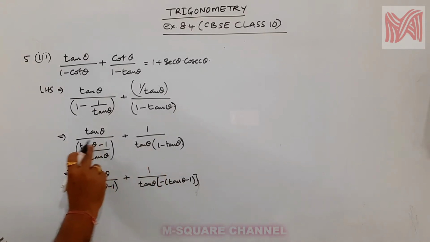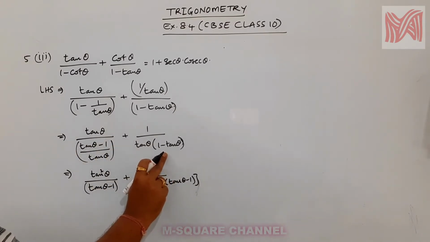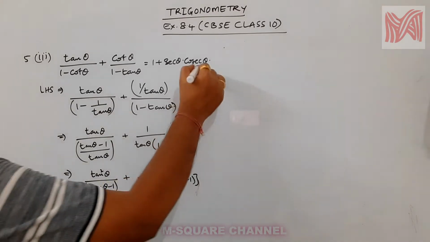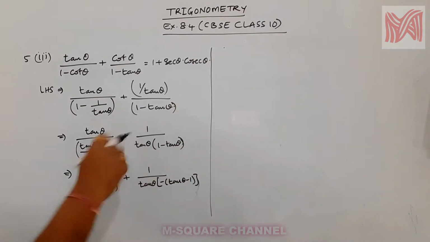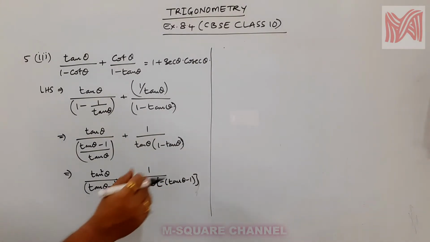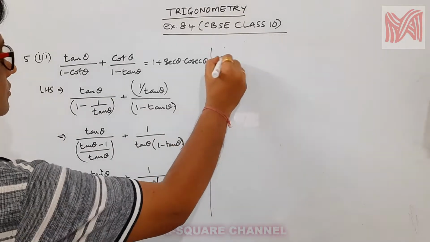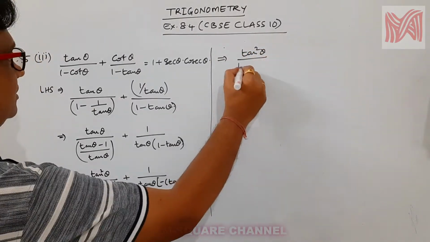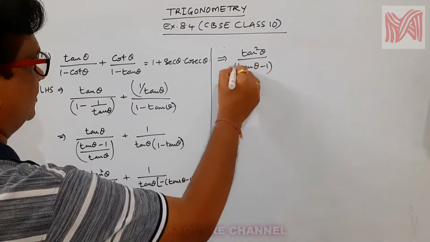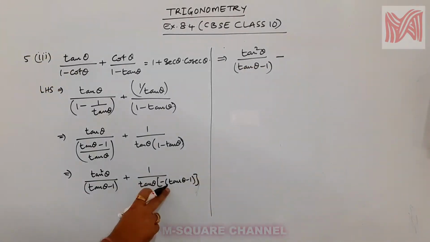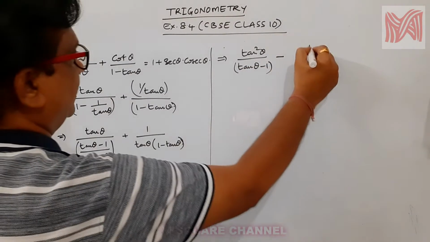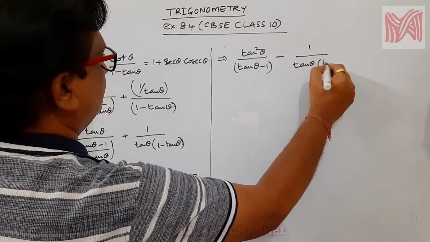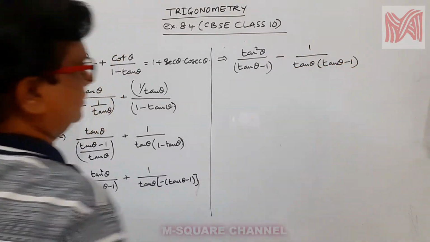This is a minus b, this is b minus a. That's why we take the minus common. So tan squared theta by (tan theta minus 1) minus 1 by tan theta into (tan theta minus 1).